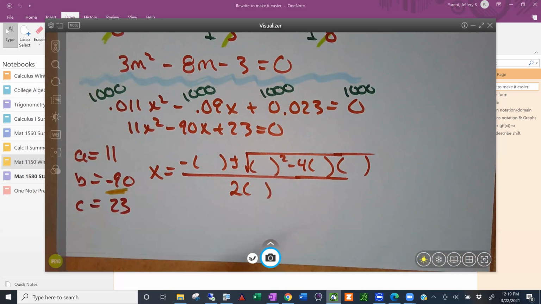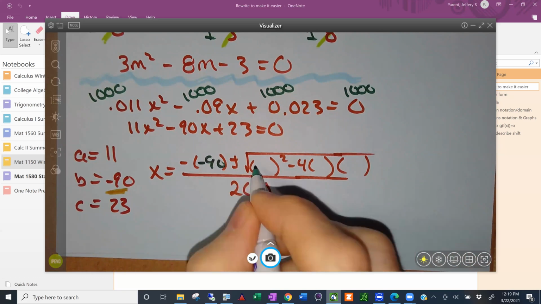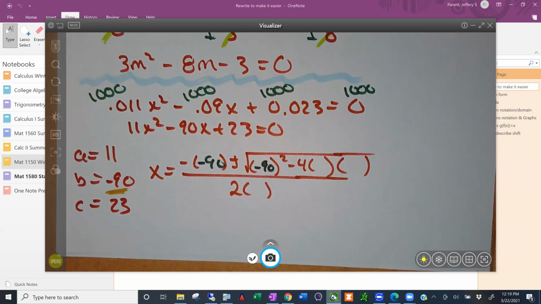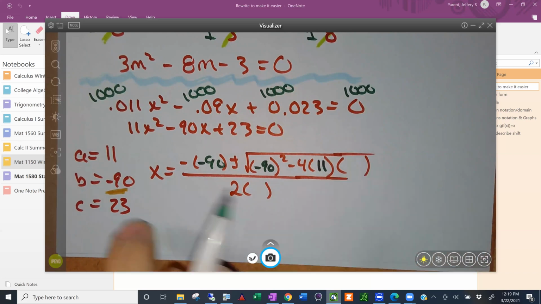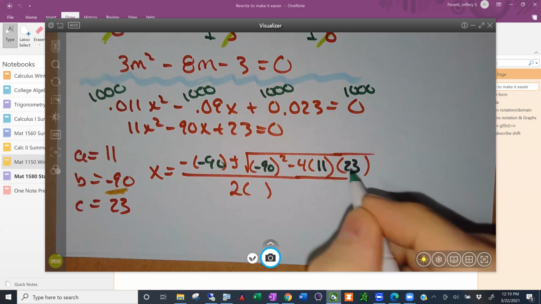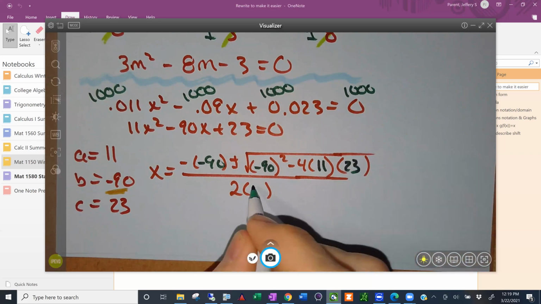So that'd be the negative of negative 90. And then negative 90 squared minus 4 times a times c. So 4 times 11 times c, which is 23, over 2 times 11.